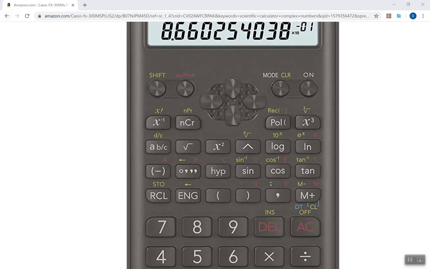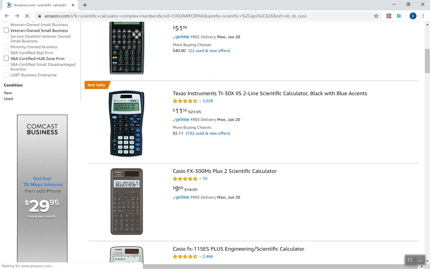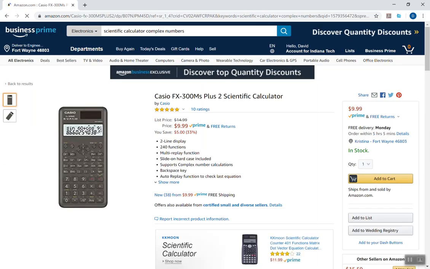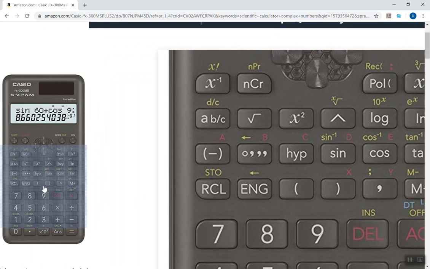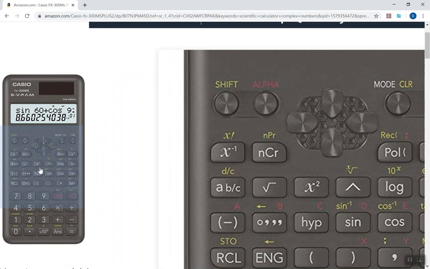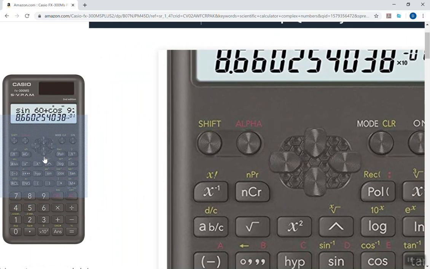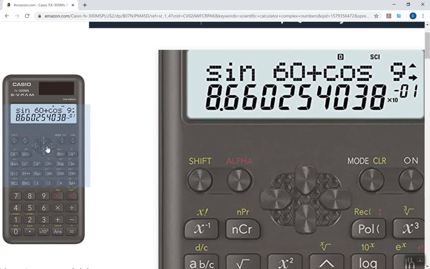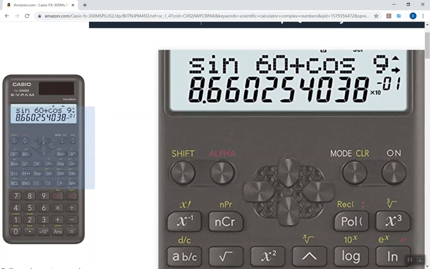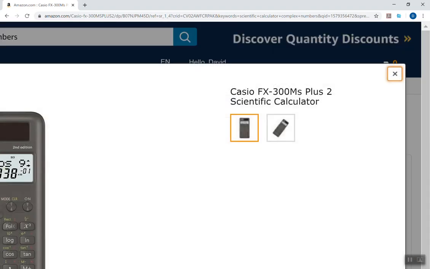The key thing here, if I go back, is you want to make sure that whatever calculator you have, it supports complex number calculations. Because then this calculator will be able to do all the multiplication for complex numbers, the division, and it would even probably be able to convert between rectangular and polar form. It looks like it has it right here, rectangular, polar, REC parenthesis, POL parenthesis. So that can actually be a very useful thing to have.